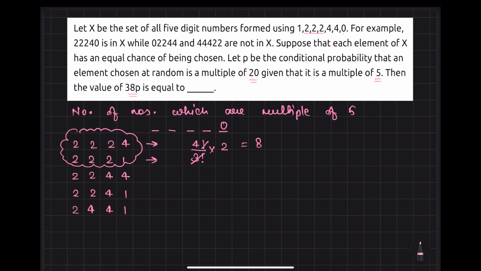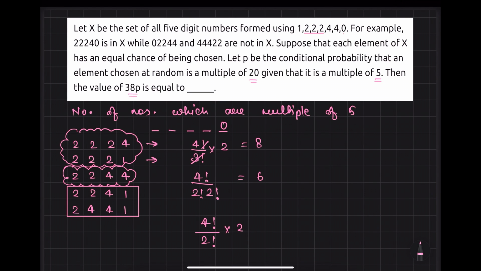Now for this case, it is 4 factorial by 2 factorial and 2 factorial, so it is 4 times 3 is 12 by 2, which is 6. And in this case, a single number is repeated twice, so it is 4 factorial by 2 factorial into 2 times.